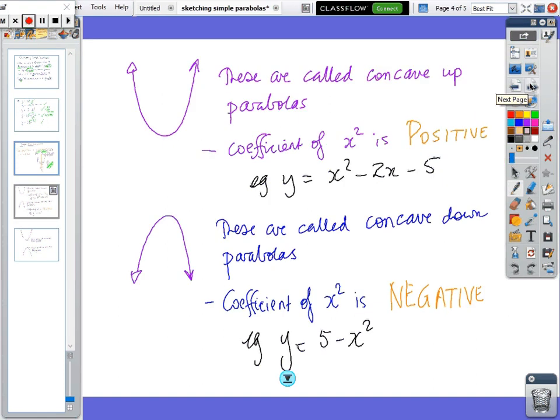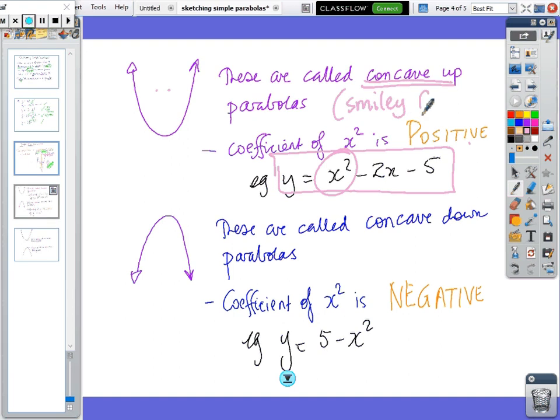So for instance, if I've got that, the x squared means it's quadratic, which means it's a parabola, and if the x squared is positive, then we have these shapes that are concave up, and sometimes we say that they're smiley faces. That's not mathematically a smiley face, but we call them concave up.